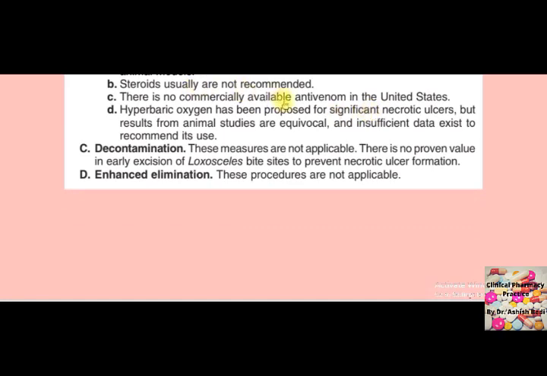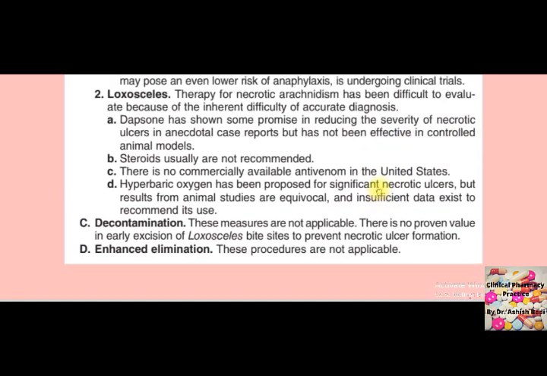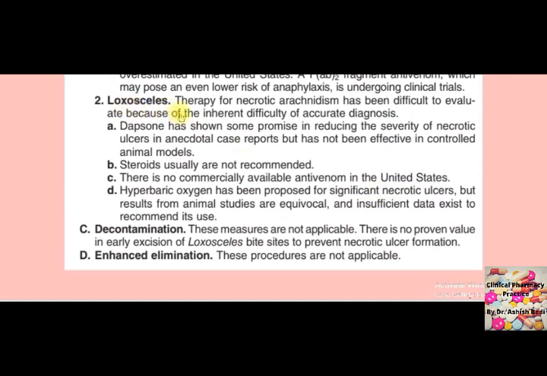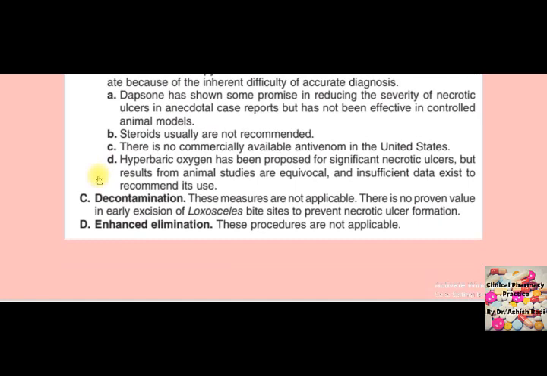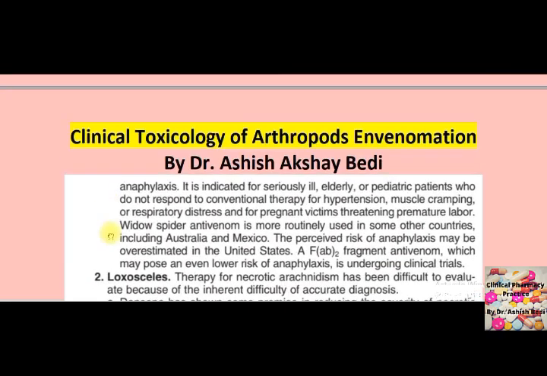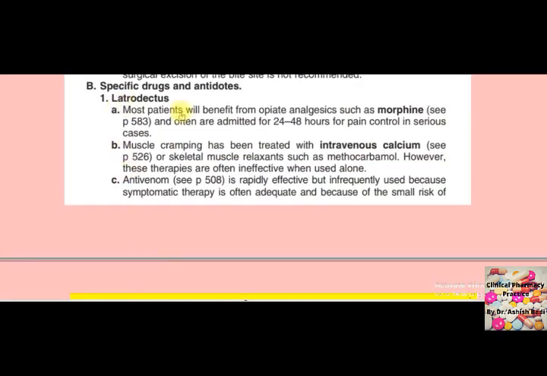Steroids are not recommended in the case of loxosceles. There is no commercially available anti-venom in the United States, and we don't have anti-venom for loxosceles in India either, because loxosceles envenomation can be treated with symptomatic treatment. We don't need it for lectrodactus either.